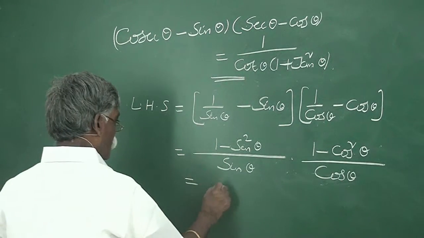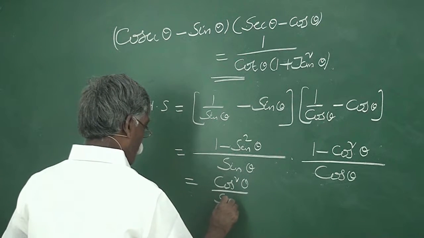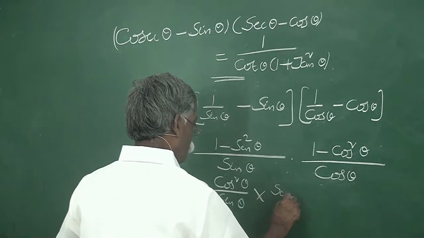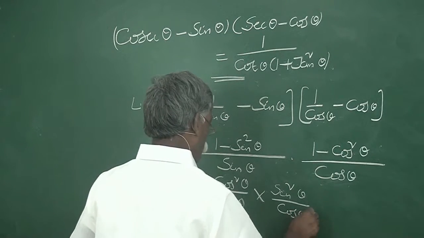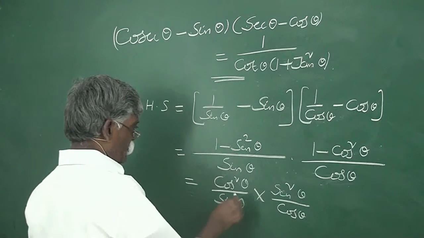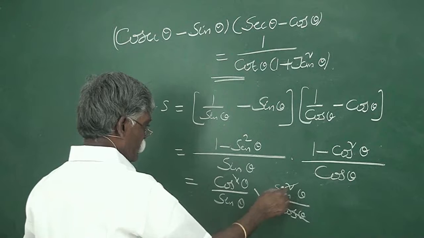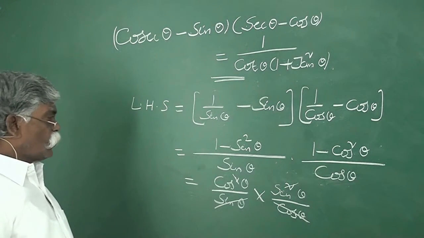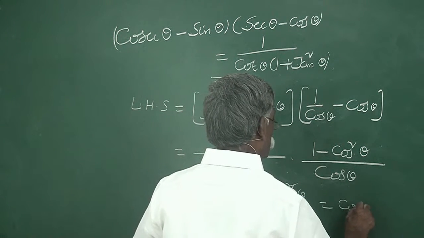Now 1 minus sin square theta is cos square theta by sin theta into this is sin square theta by cos theta. Now this is square and this cos gets cancelled. This is square and this sin gets cancelled. So we are left with cos theta sin theta.